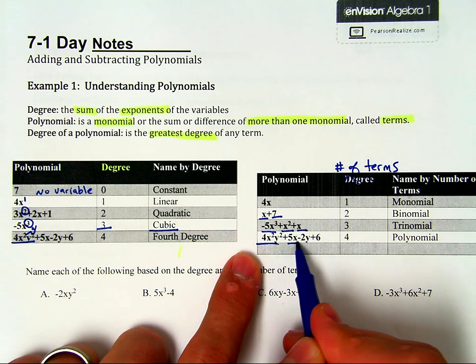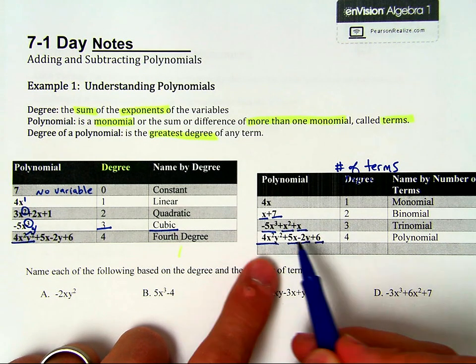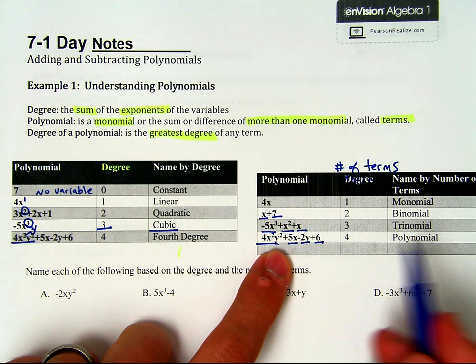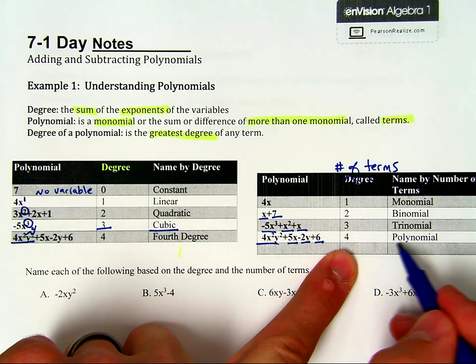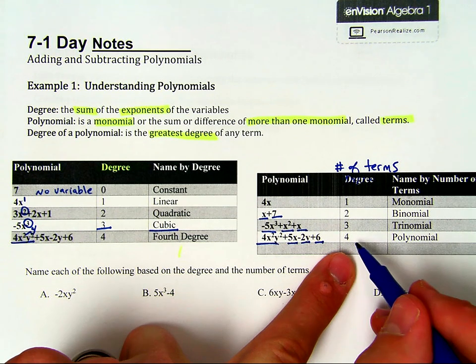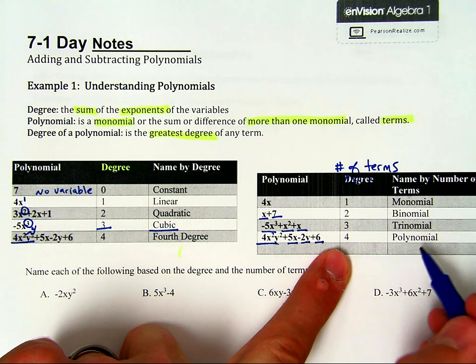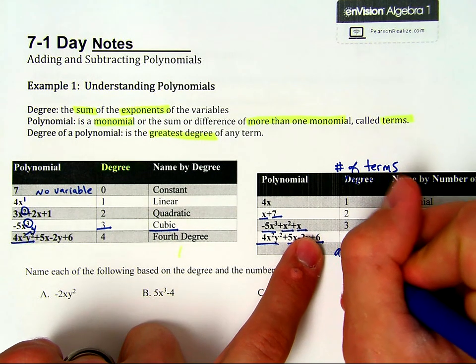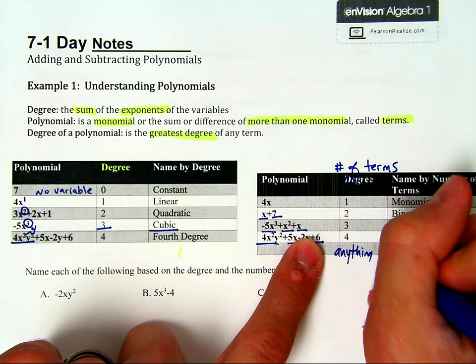This one has 3 terms, 1, 2, 3, so that's a trinomial. And this one has 1, 2, 3, 4. Terms are separated by addition or subtraction. That has 4 terms, so it's just called a polynomial. Anything greater than 4, we just call a polynomial.